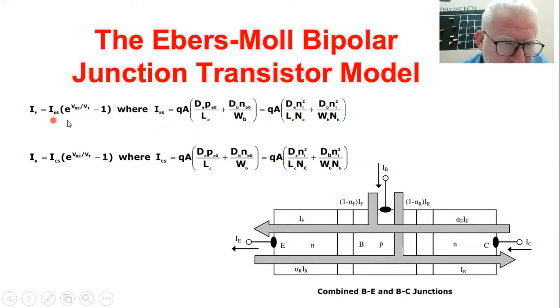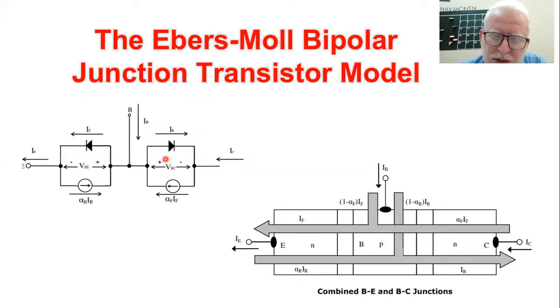As you can see, this is simply a diode equation here and a diode equation there. However, we have a different definition for the saturation current in the diode equation. Okay, let's do more about this model, what we call the EM model or the Ebers-Moll model. So let's continue in this direction.